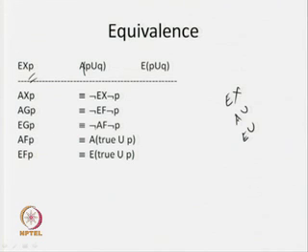EG P is nothing but not of A F not of P. So, the G operator is replaced by F. Again, this F will be replaced by the until operator. AF P is A true until P and EF P is E true until P. So, eventually all those 8 can be expressed with the help of these 3 operators.